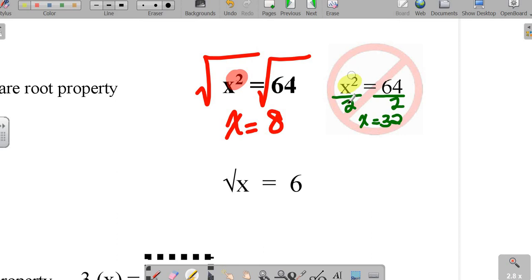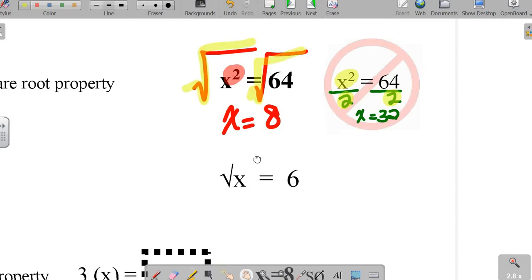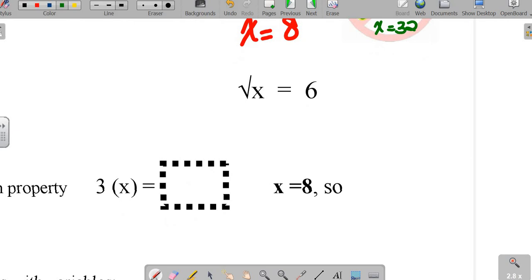So the opposite of squaring is not dividing by 2. The opposite of squaring is square rooting. Same thing, the opposite of square rooting is squaring. So if I have square root x equals 6, I can do this. Ta-da, you're done.